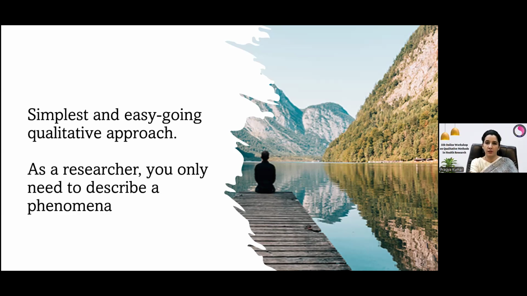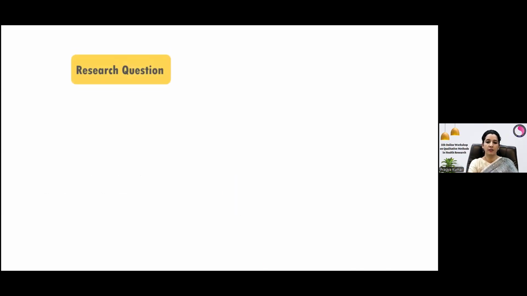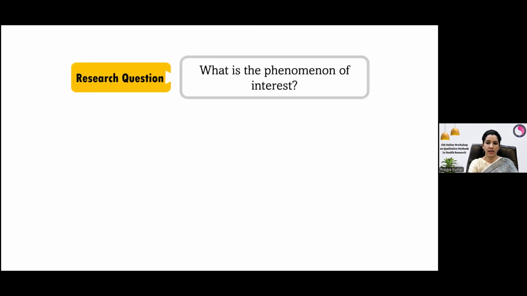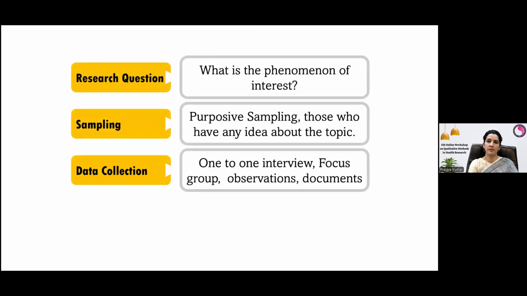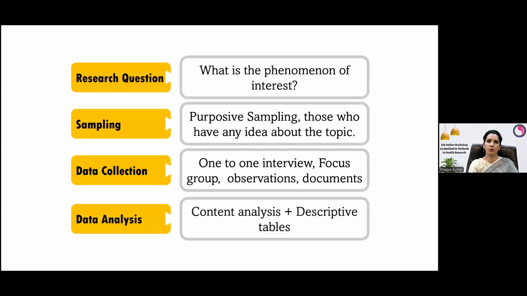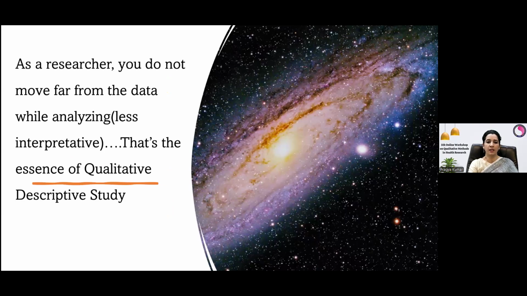So once you do 3-4 qualitative descriptive studies, you can go ahead with a type like phenomenology or grounded theory. Here you only need to describe the phenomenon of interest, you do purposive sampling, and you only ascribe the meaning; you don't do much interpretive analysis.